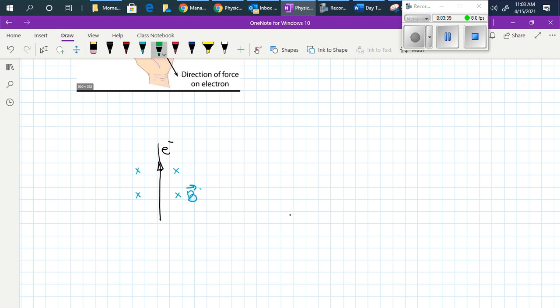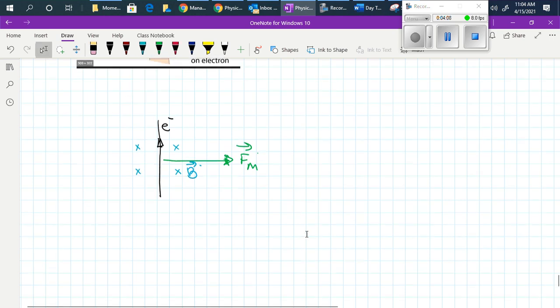We have a negative charge, so the thumb will be up and will not change the direction. The fingers will be to the field. So put your fingers to the field. Therefore, your palm will be facing east. So the magnetic force will be in this direction.